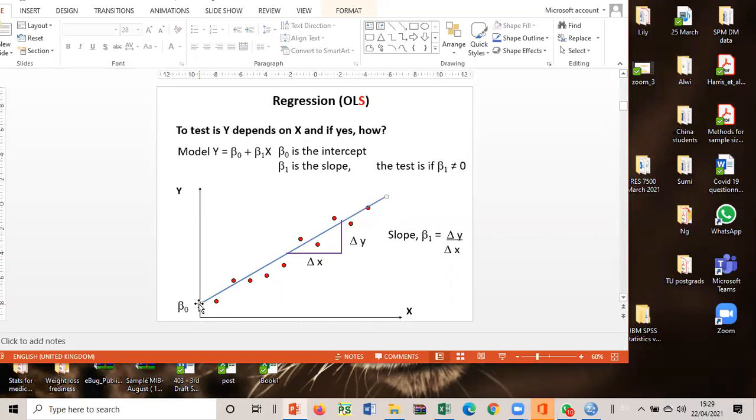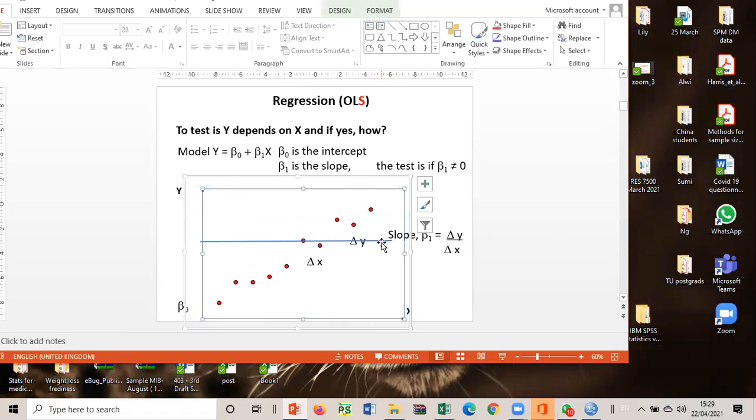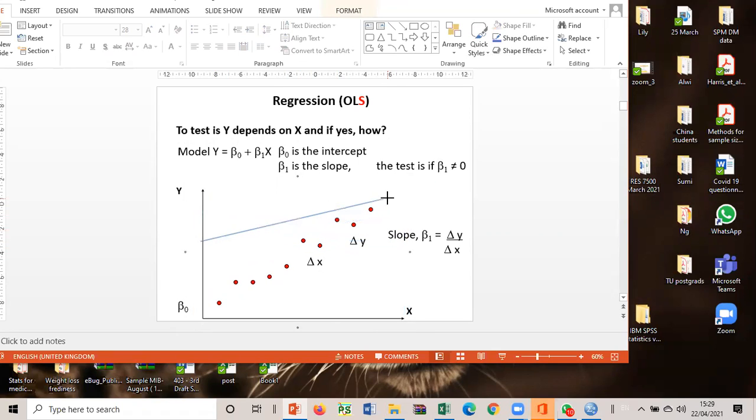Now, if the line comes this way, is the slope 0 or not 0? You understand what slope is, right? Gradient. Is there a slope?